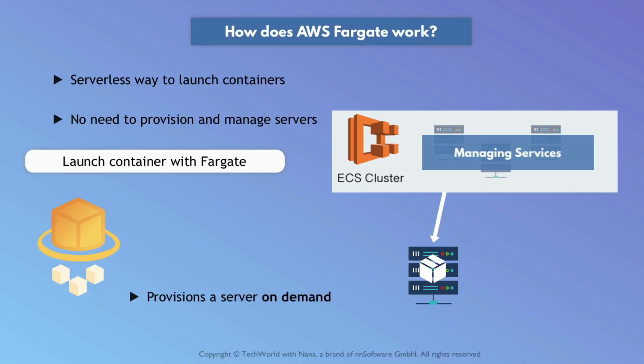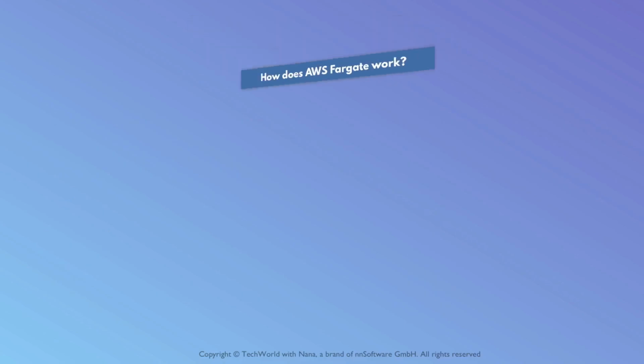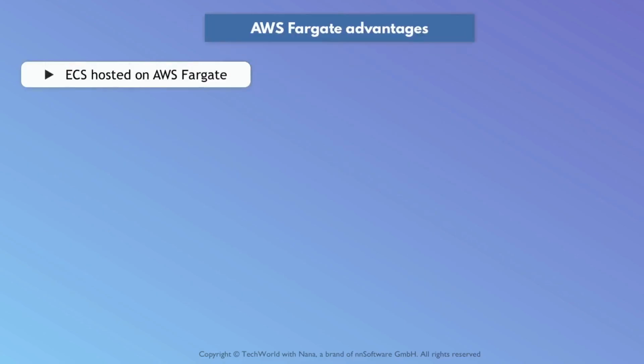So this happens automatically. And every time you hand over a new container to be deployed to Fargate, Fargate will do the same. It will go and provision server resources to run that specific container every time you want to schedule a new container. So advantages are obviously you don't need to worry about having enough EC2 instances and resources to schedule a new container because you don't have to provision anything beforehand.